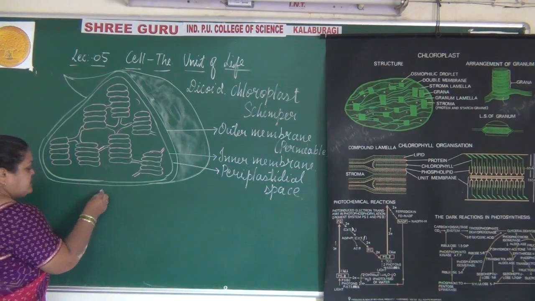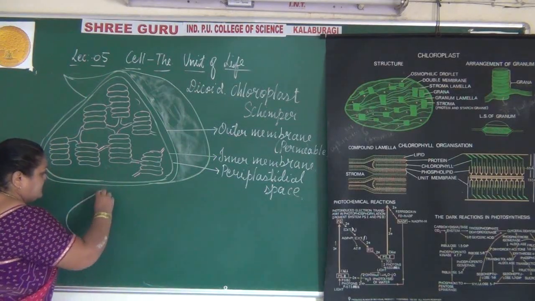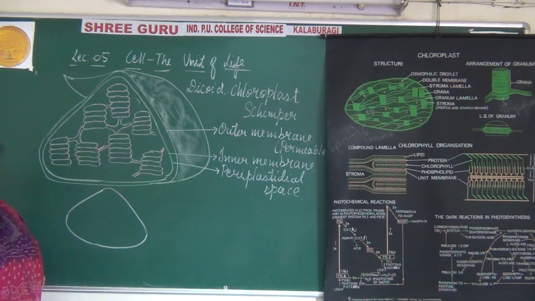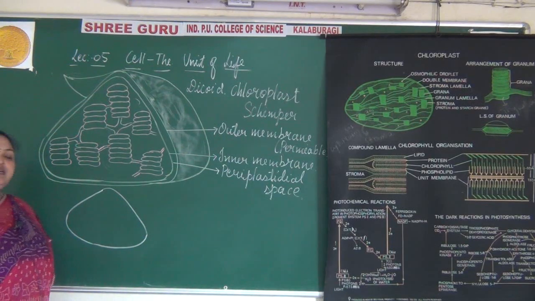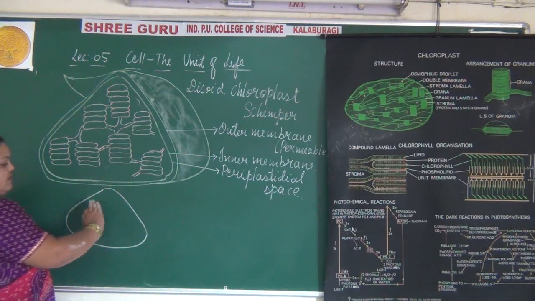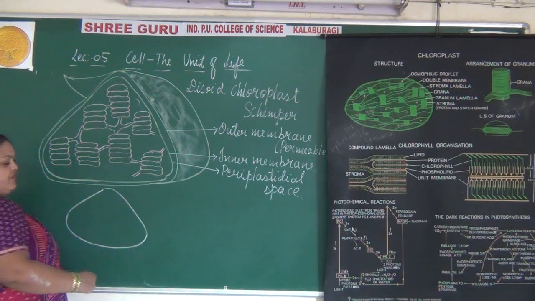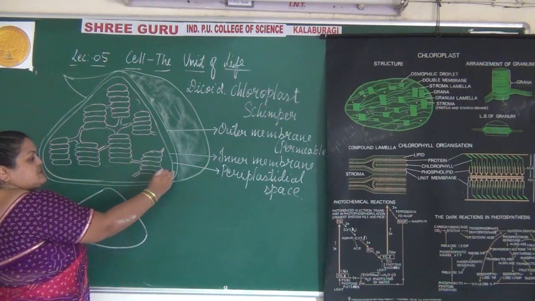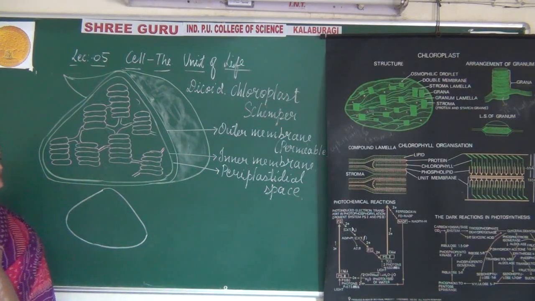Externally, it appears like a discoid structure present in the mesophyll tissue of the plant cells. But when you take a section of it and observe, there are two membranes with the periplastidial space.